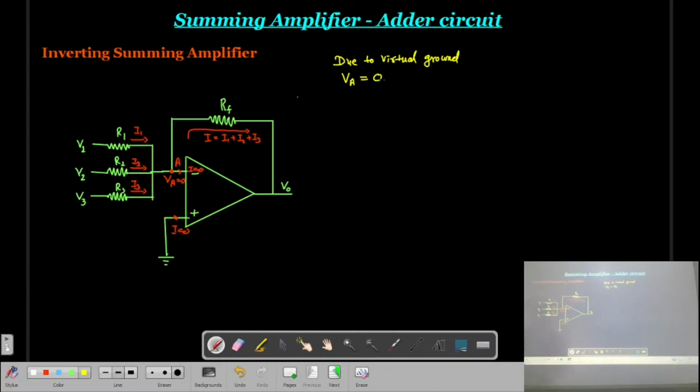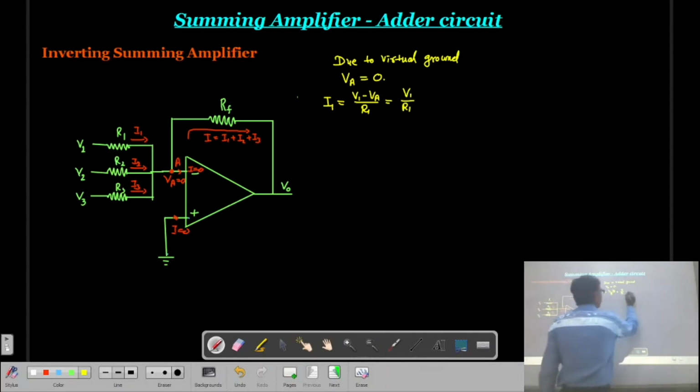Now we write the expression for the current I1. Simply applying Ohm's law, I1 is equal to (V1 minus VA) divided by R1, but VA is 0, so it is V1 by R1.